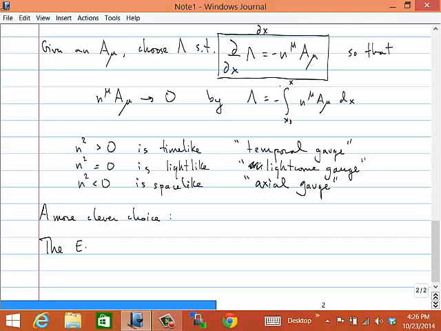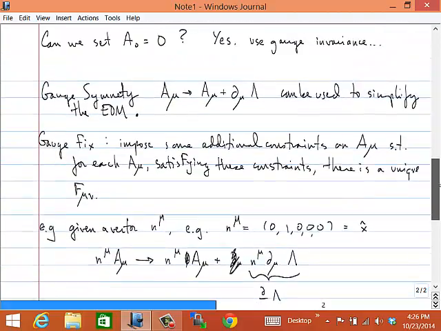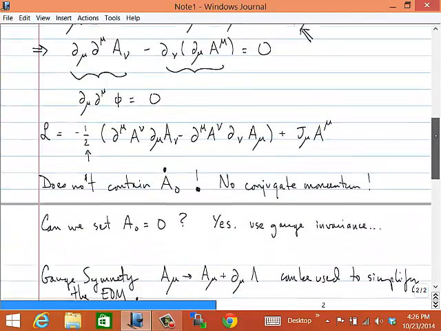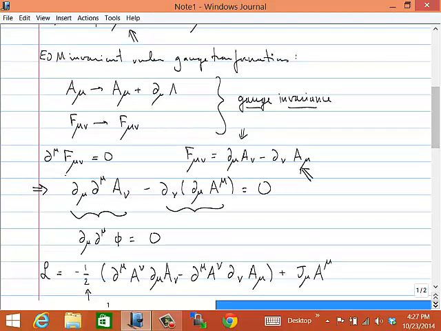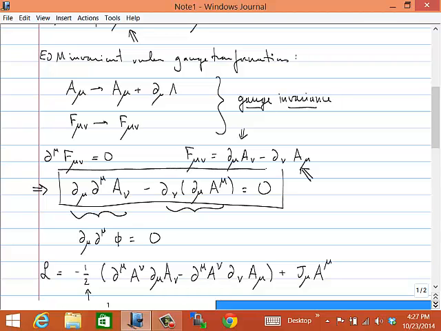The reason why that might be difficult is that if you look at the equation of motion for A, here's the equation of motion for A. If you look at the equation of motion for A0, what does it say?